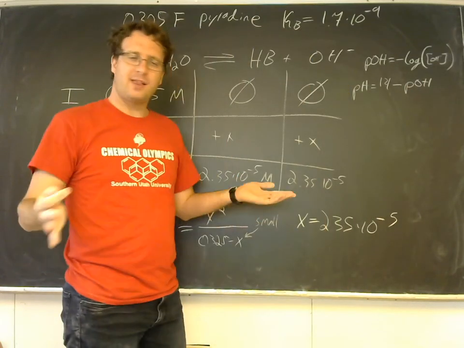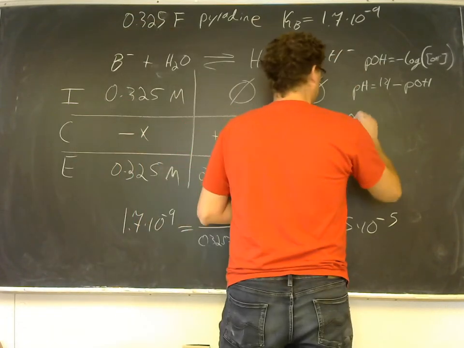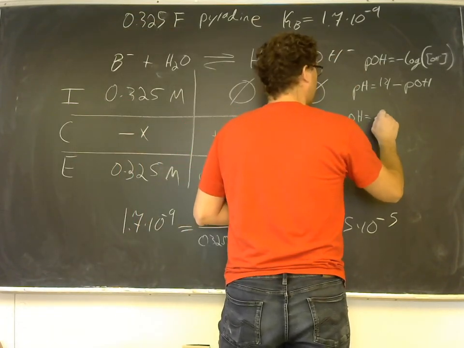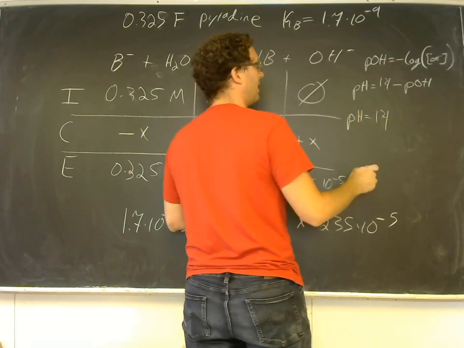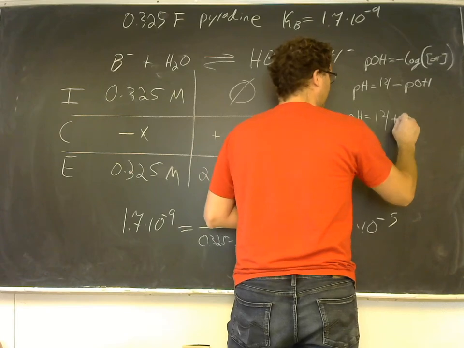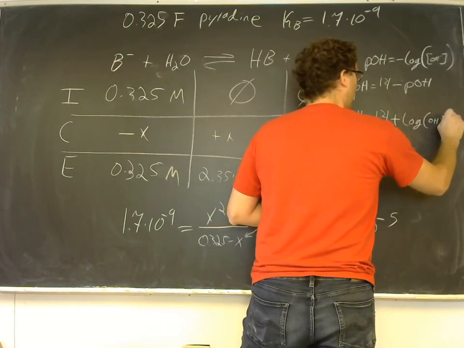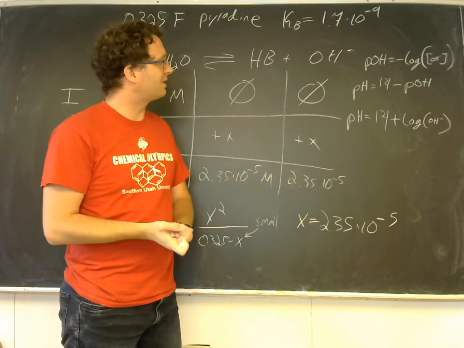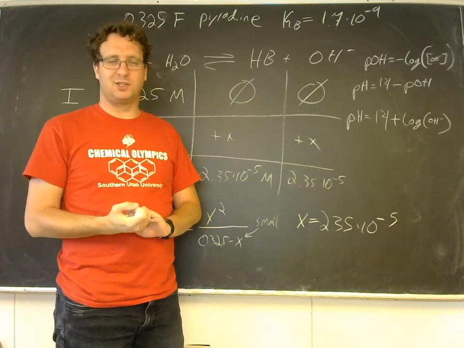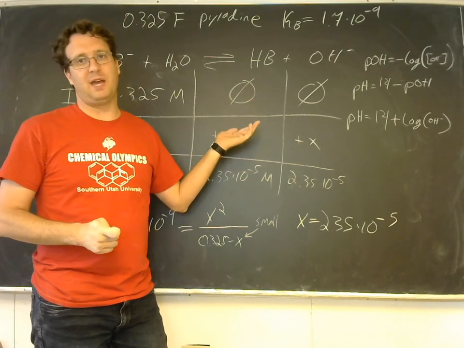And what I like to do is combine these two together. And so the pH is equal to 14 minus the negative log of the OH minus concentration. So that'll actually end up being 14 plus the log of the OH minus concentration. And I just think that's the quickest, easiest, neatest way to get the pH from an ice table involving a base.